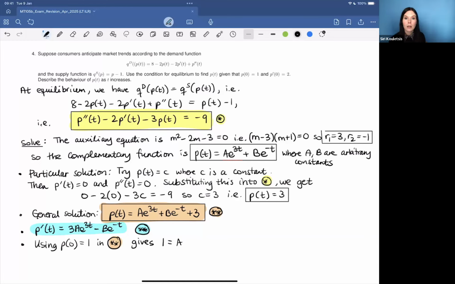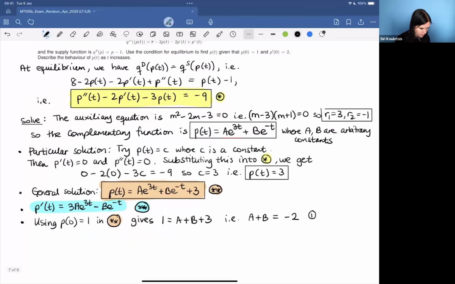So e to the 0 is 1. And so rearranging this, we have that a plus b is minus 2. So that's our first equation in the system.